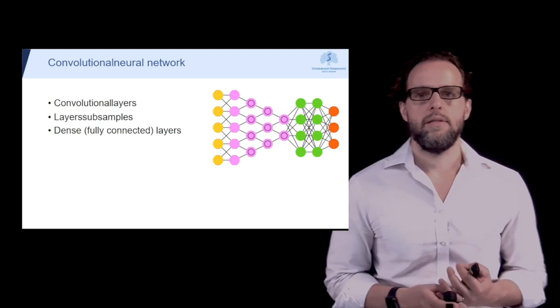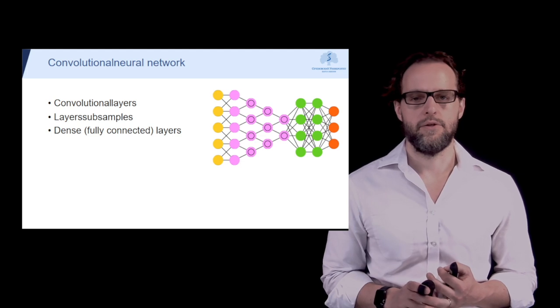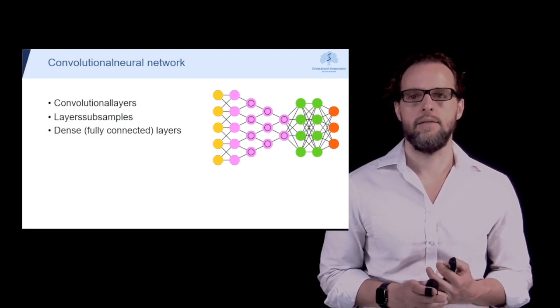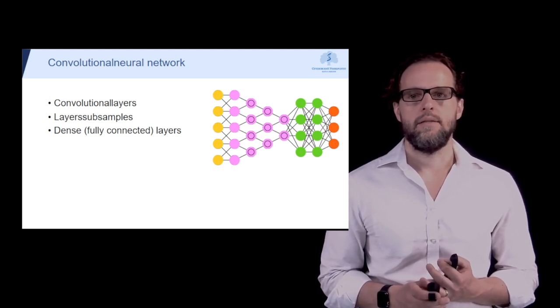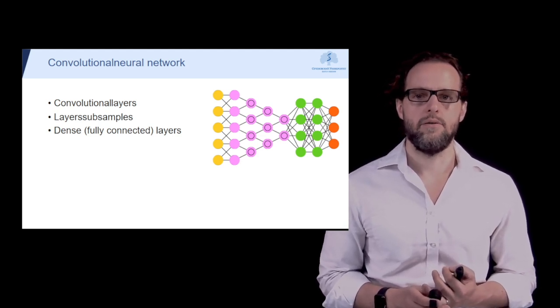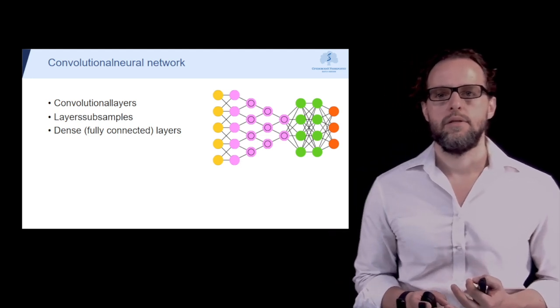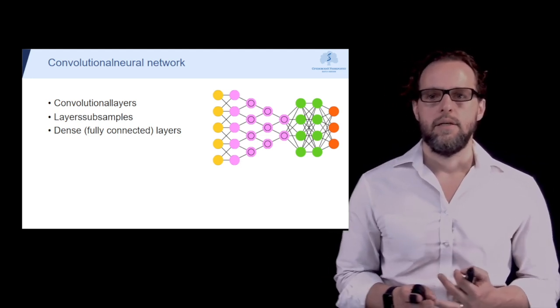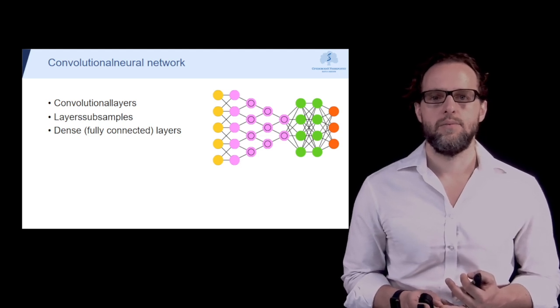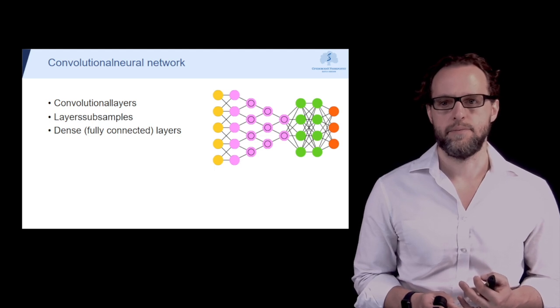So the convolutional layer represents the main building block in a convolutional neural network. If in dense layers each neuron is connected to each neuron of the previous layer, then in a convolutional layer it's connected only to a small part of the neurons of the previous layer.